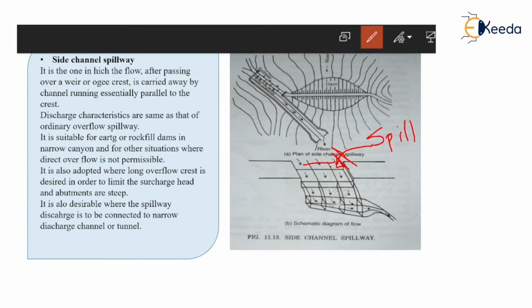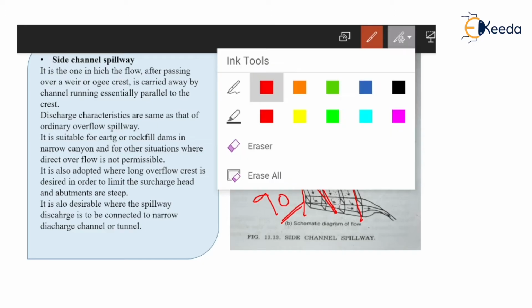It will come here perpendicularly. It will flow at 90 degrees, the angle at which it mixes with this side channel flow. And this overall side channel section will be parallel to this spillway crest.